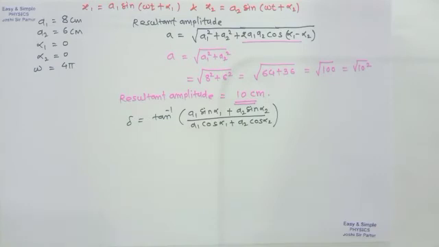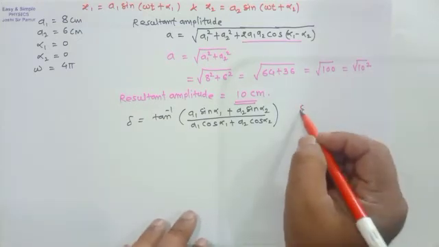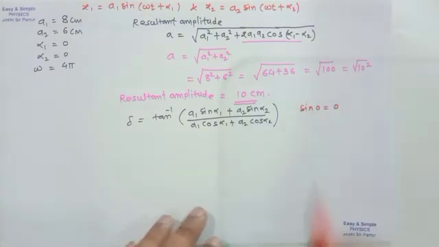Here alpha 1 and alpha 2 are 0, so we know that sin 0 will be 0.